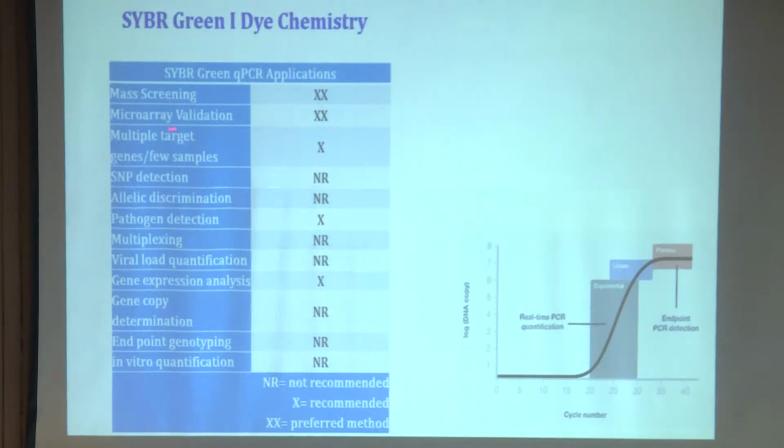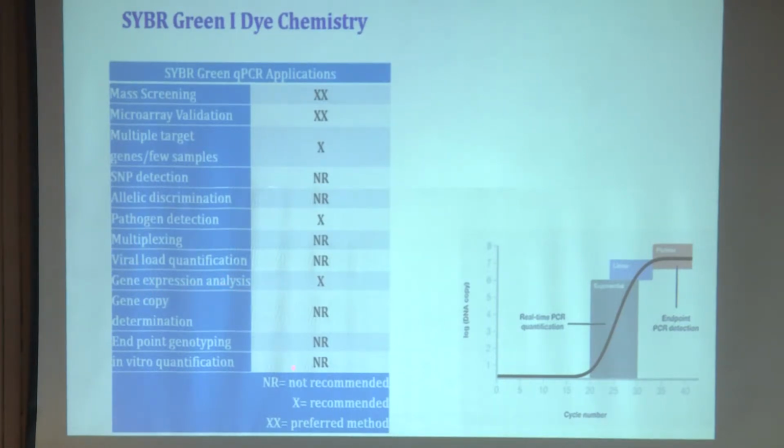Well, there are several applications for SYBR. If you look at them, they are recommended for mass screening, microarray validation, and multiple target genes in a few samples, but they are not recommended for SNP detection or allelic discrimination. Of course you can use it for pathogen detection and viral gene expression analysis.